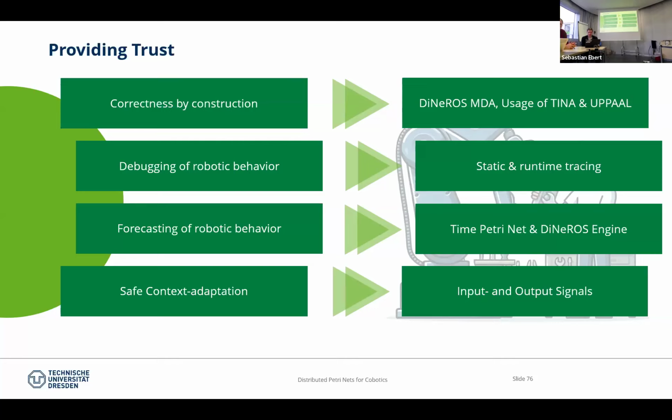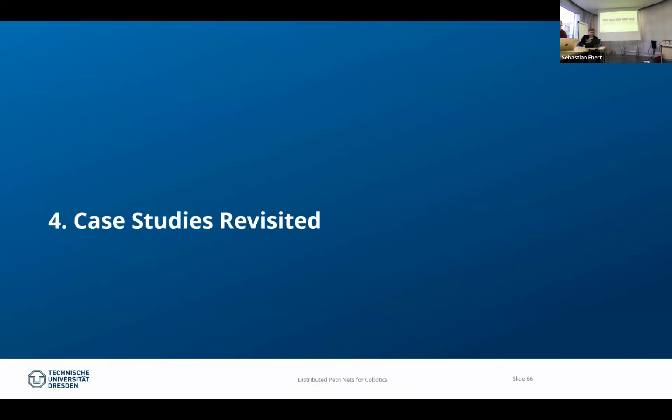Yeah, I had a question regarding the runtime context adaptation. Could you please give an example of this? Because that was not totally clear, like the extent of the runtime adaptation.